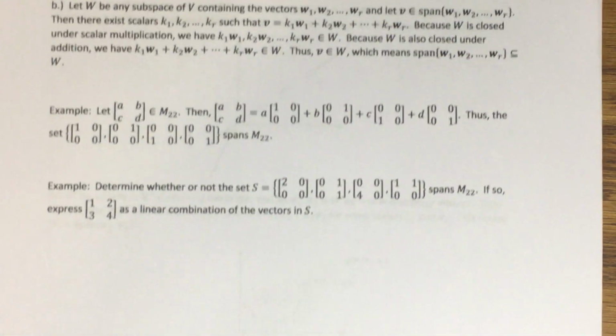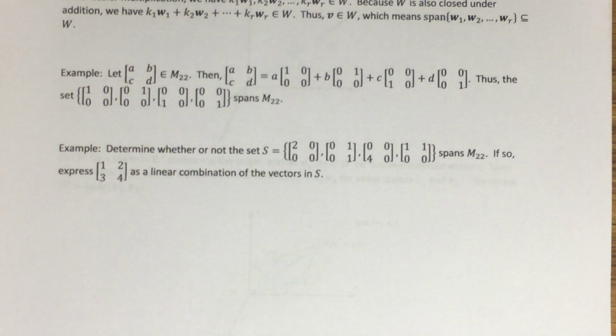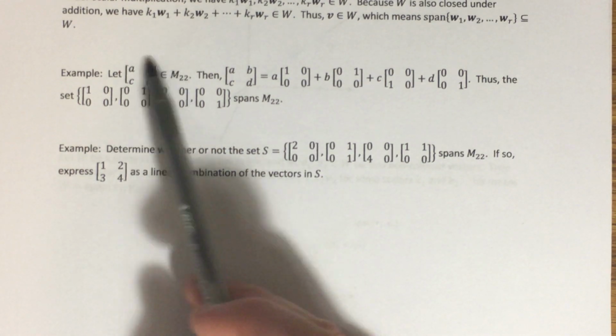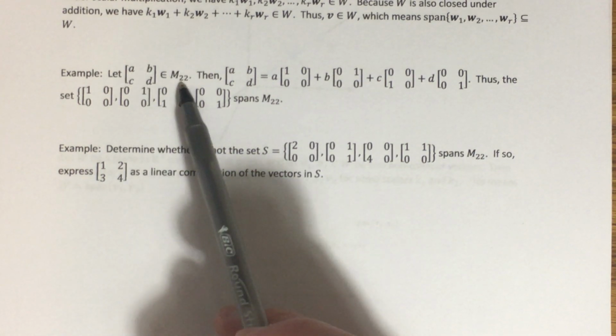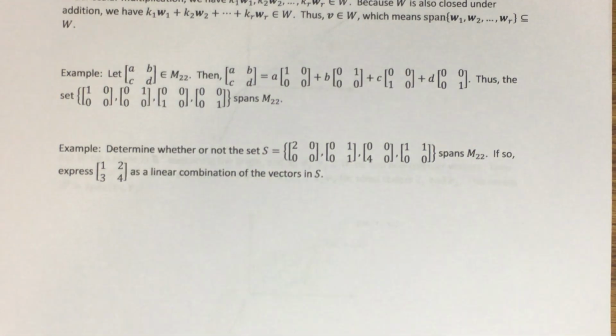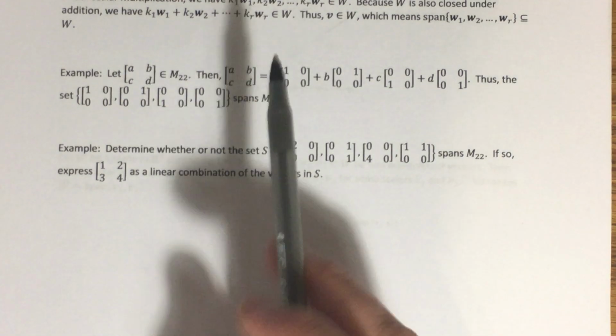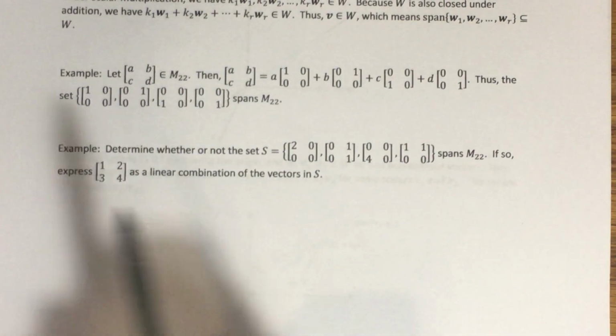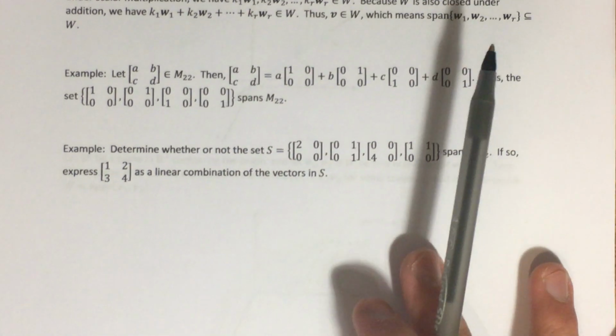Let's run through a couple of examples here, starting with this one. Let's let this 2x2 matrix [a, b; c, d] just be any arbitrary 2x2 matrix in the vector space M22. Then notice we could decompose. Remember how I said that decomposition is that common theme in higher math.